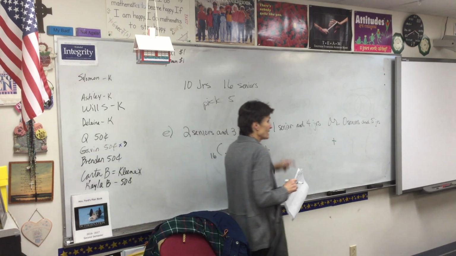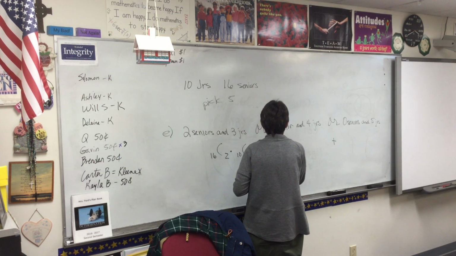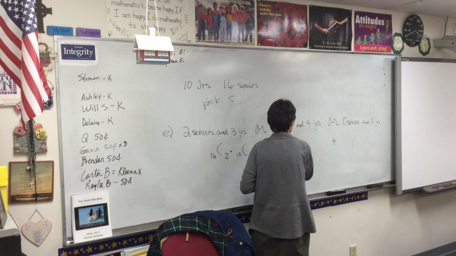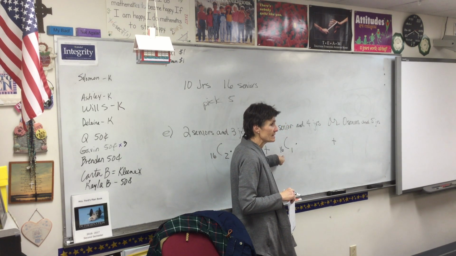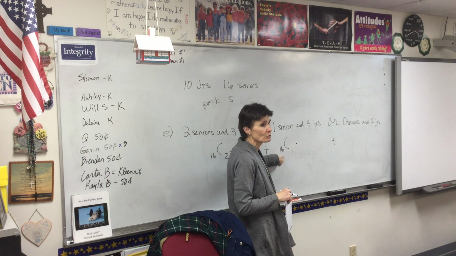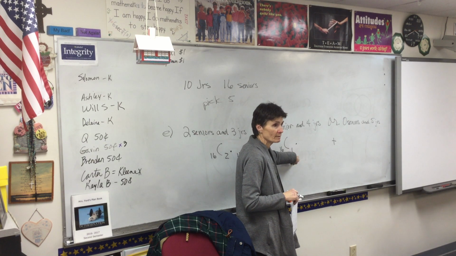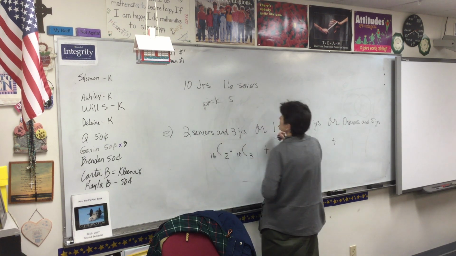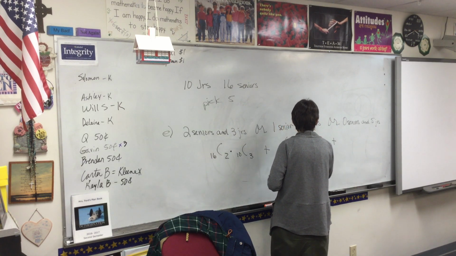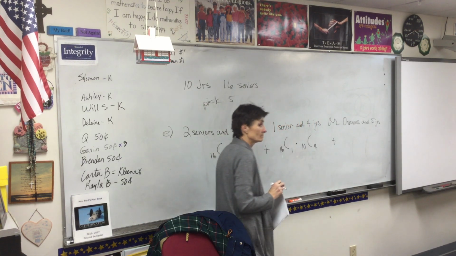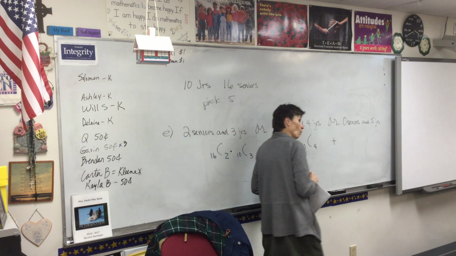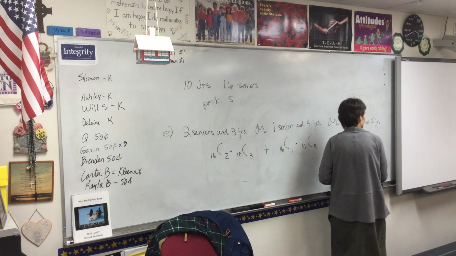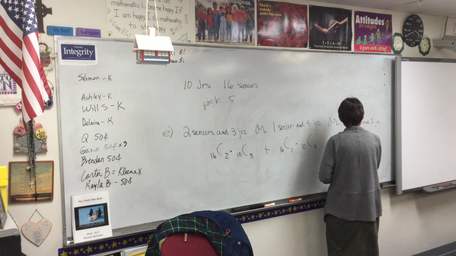Now what does the second case look like? 16 C1. There are 16 seniors to choose from. I'm picking 1. Times 10 C4. Or, what's this one look like? Just 10 C5.